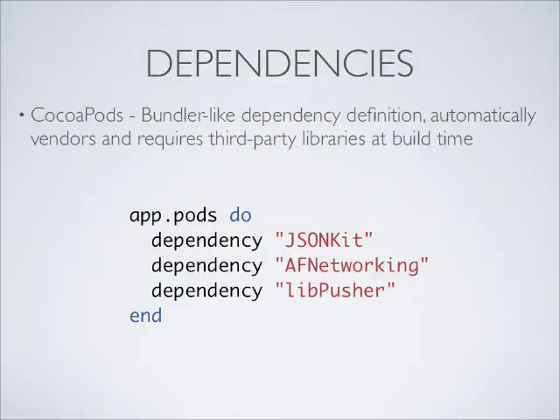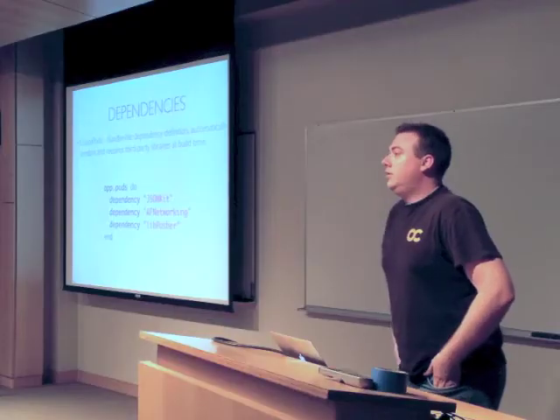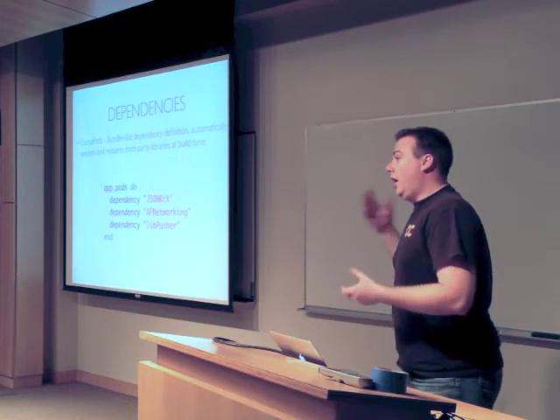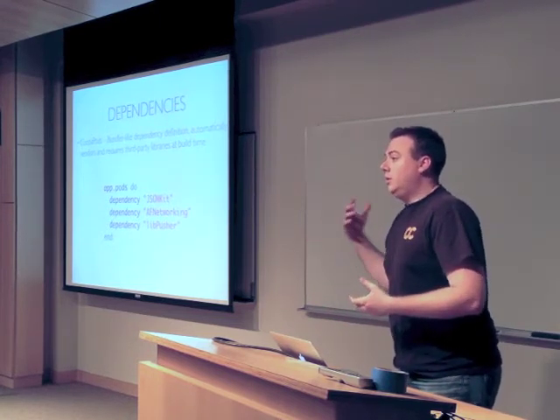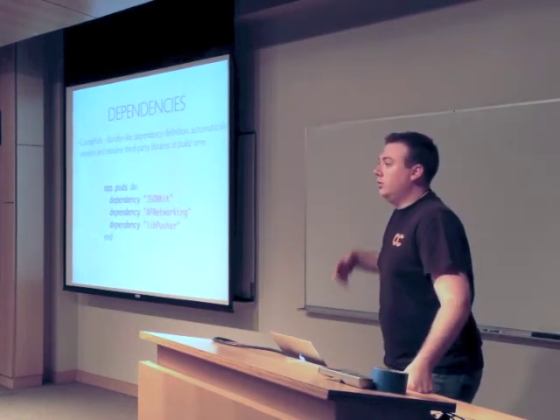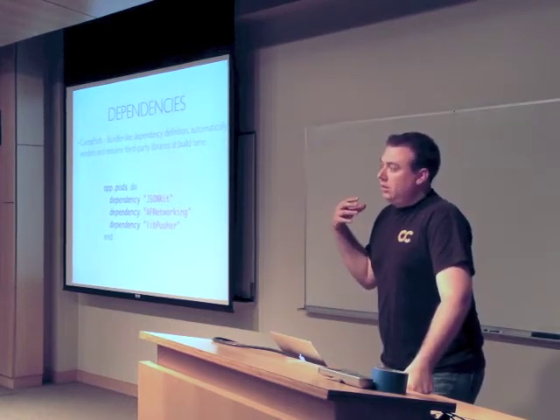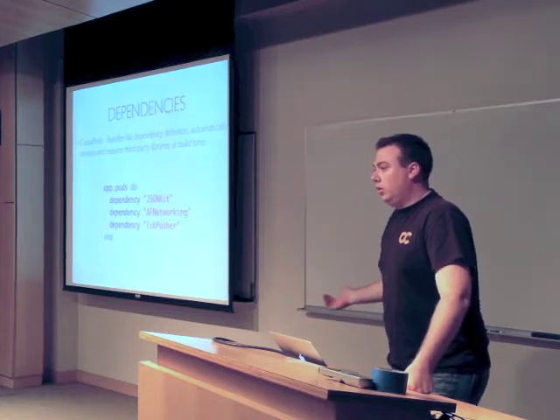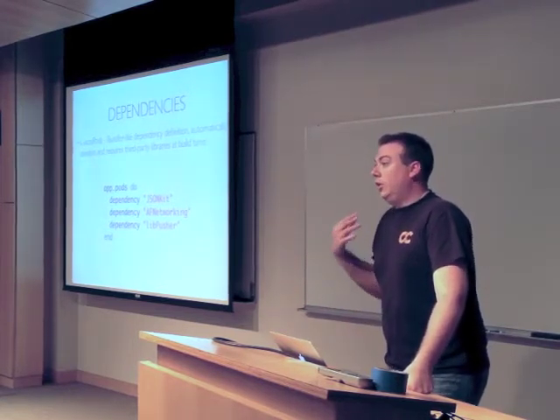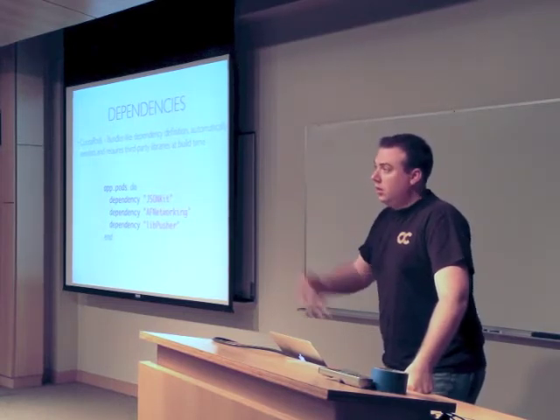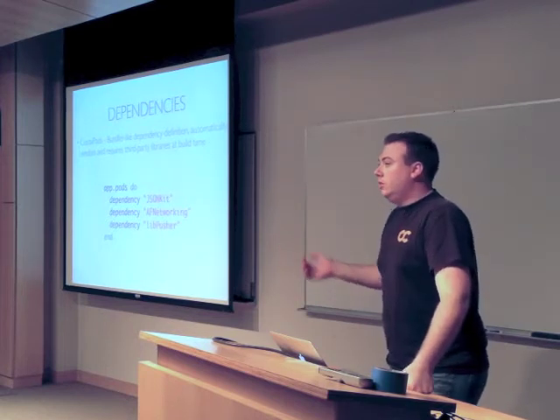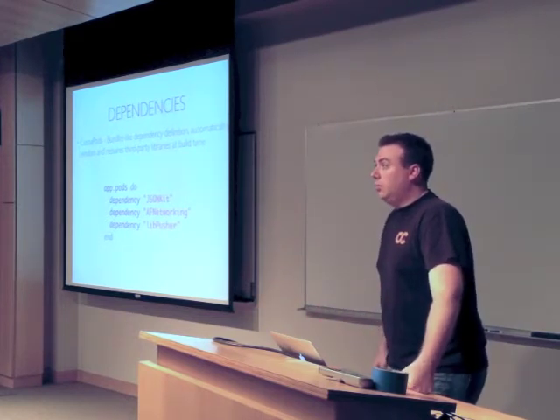There's a project called Cocoapods that allows us to just specify dependencies, and we do not have to vendor them and store the code for those dependencies in our Git repository. It'll add it to a vendor folder. You can ignore that vendor folder, and when you build your project, it'll pull down those dependencies, install them. You can specify versions, everything just like Bundler.